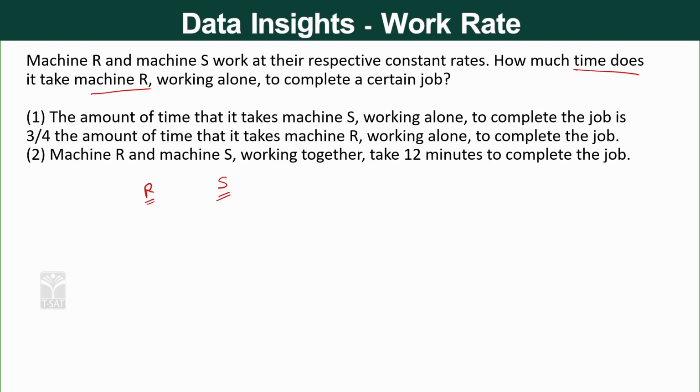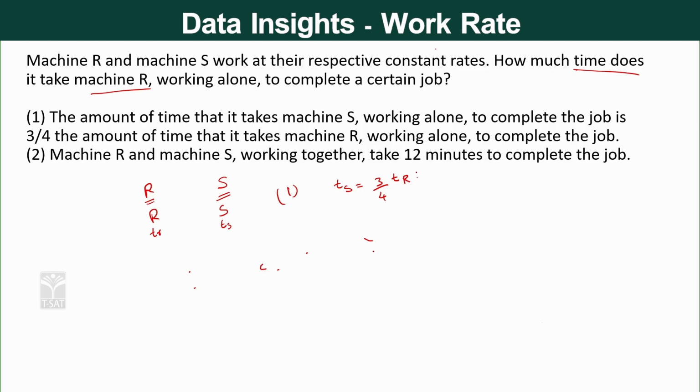Statement 1 is telling us the following. Let the rates be R and S for machines R and S respectively, and let the time taken be T_R for machine R and T_S for machine S. The statement says the amount of time it takes machine S working alone to complete the job is 3/4 the time that it takes machine R working alone to complete the job.